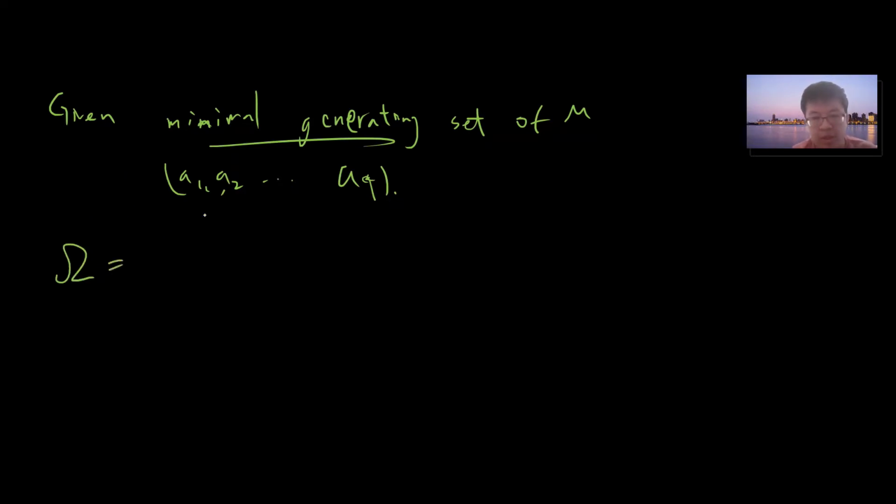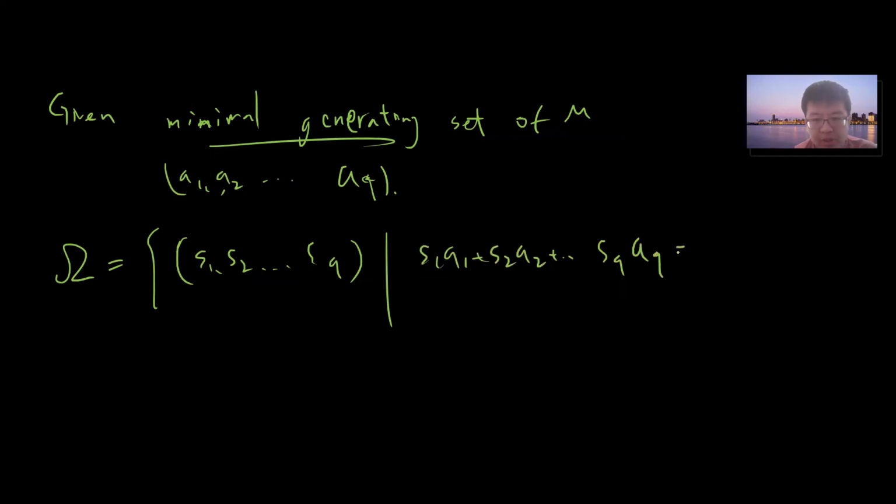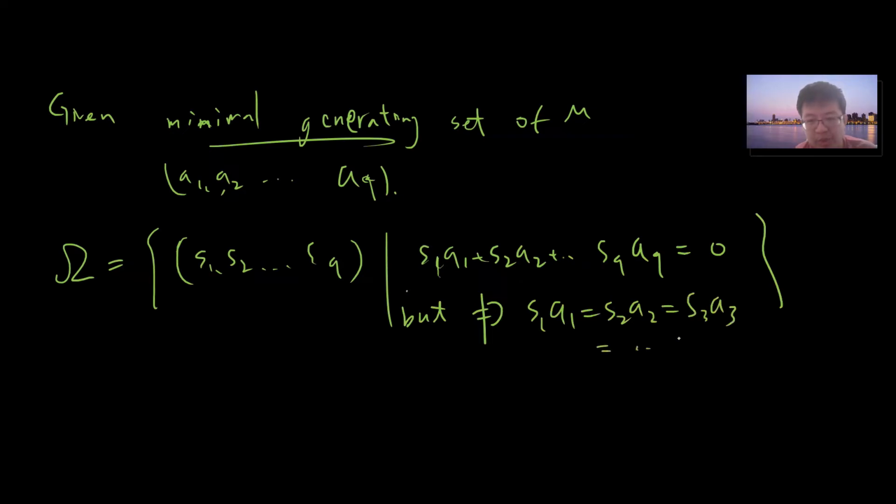Okay, so this omega is all the coefficients, let's call them S1, S2, up to SQ, such that S1 A1 + S2 A2 + ... + SQ AQ = 0, but this does not imply S1 A1, S2 A2, S3 A3, ..., SQ AQ are each 0. Okay, so this is the most difficult part in this proof.